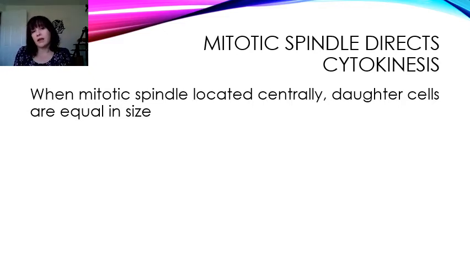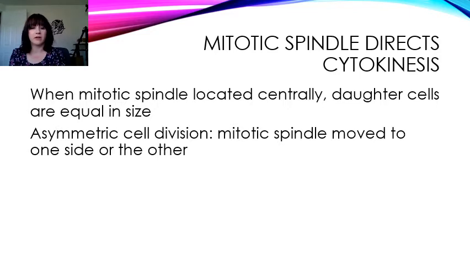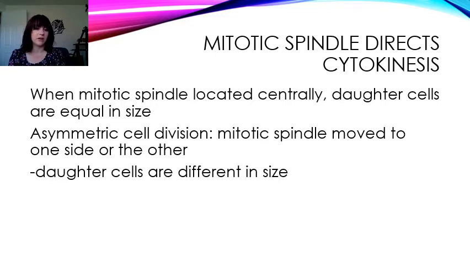But that does not always happen. So we draw it in the center for simplicity, but sometimes the metaphase plate may be off-center in one direction or the other. And when that happens, where the cell divides will also be shifted off of center. And what's going to happen is you're going to have one daughter cell that's larger than the other.